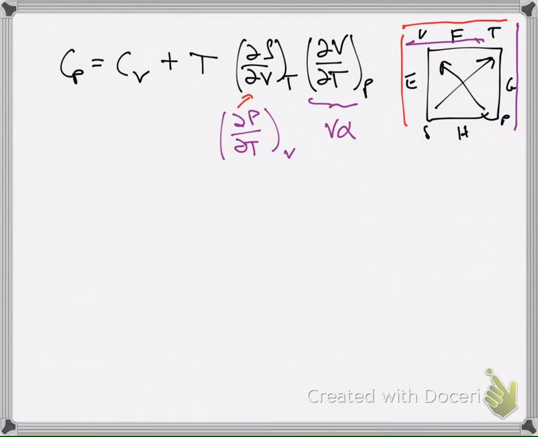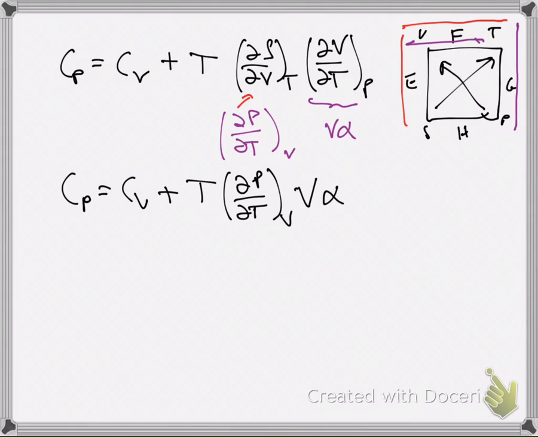So we can rewrite this as Cp equals Cv plus T, partial P, partial T at constant volume, times V times alpha.